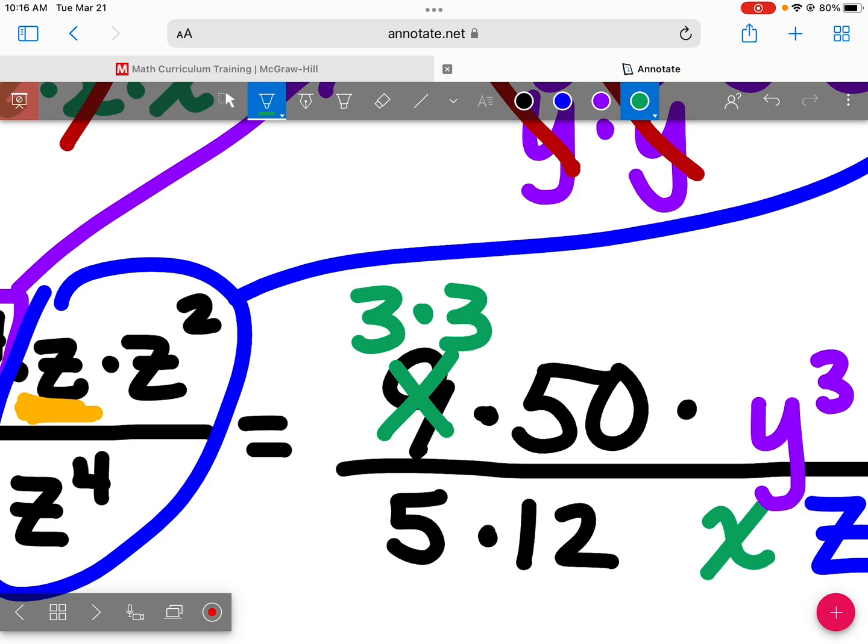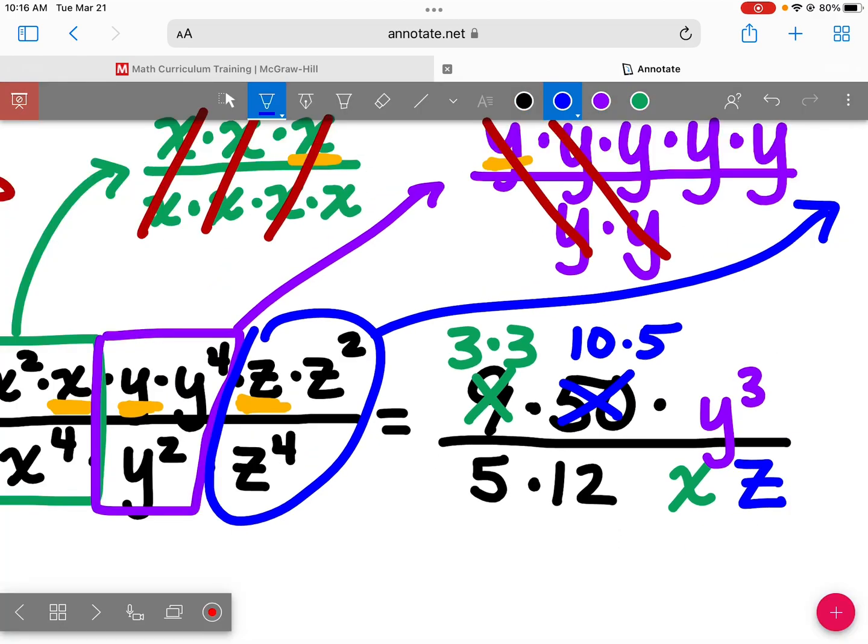Will that cancel with anything that's on the bottom right now? No. Can I rewrite 50 in any way? That's 10 times 5. Will that cancel with anything on the bottom? Cancel with the 5. So this 5 is gone because it cancels with this one right here.